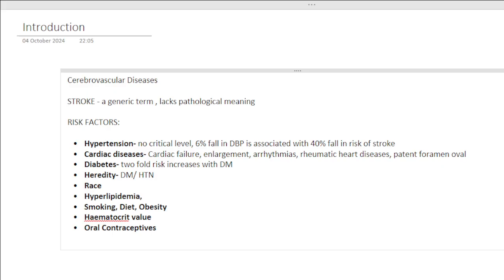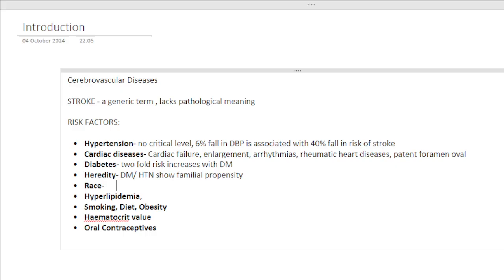You can say it's a familial propensity. So that's how we say it's a pure risk factor which is connected to our heredity because of DM and HTN.